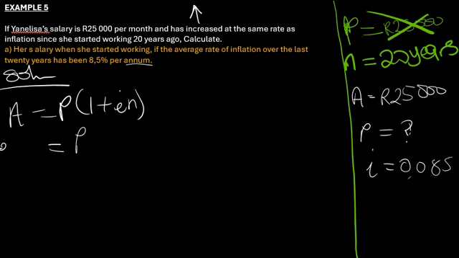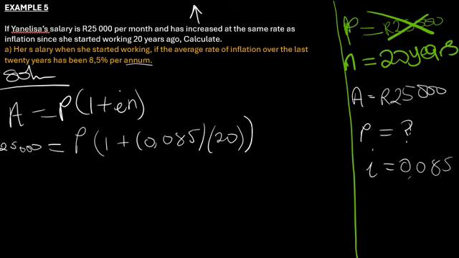Here I would have 25,000 rand equals P times 1 plus 0.085 times N, where N is 20 years. Then I can divide by this factor on both sides.